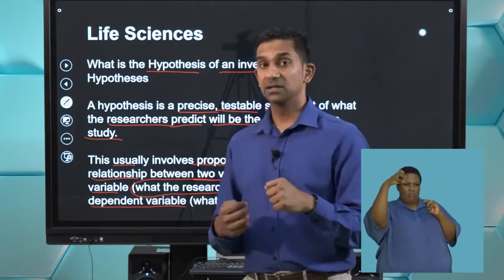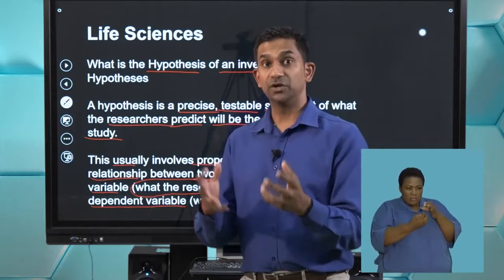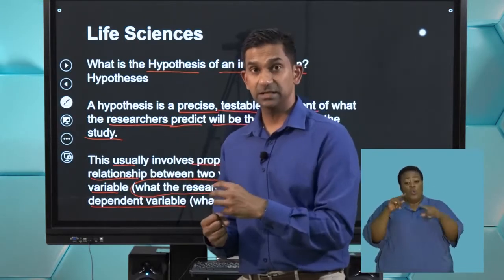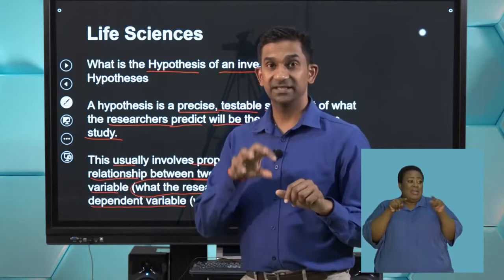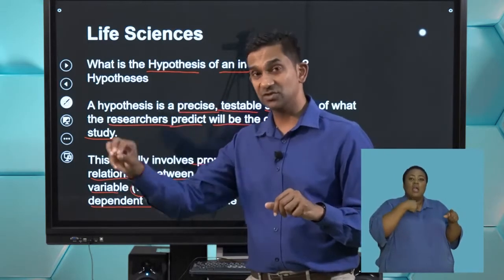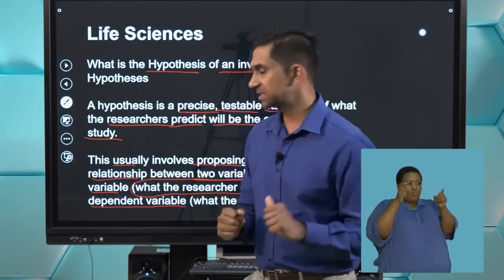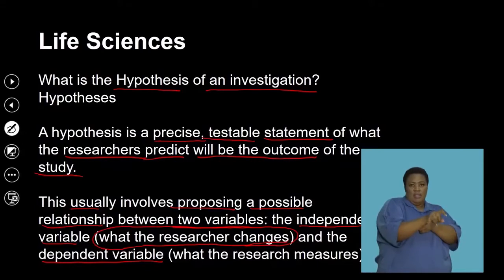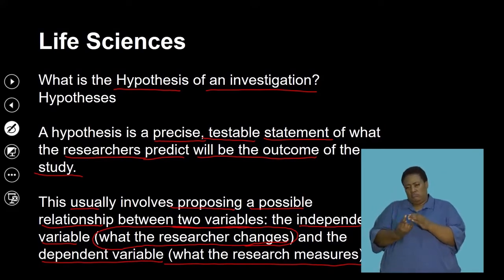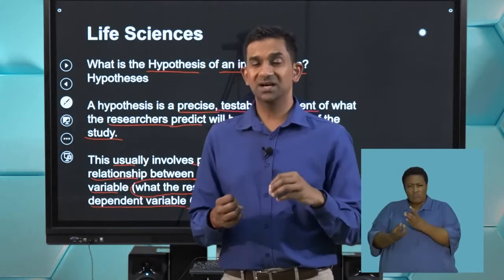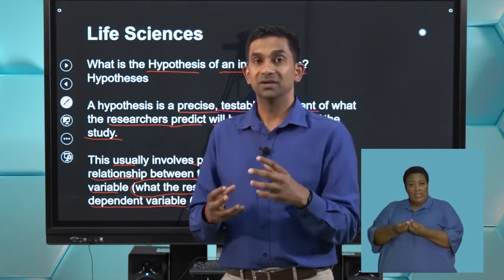In this case, the dependent variable is what we're going to use to measure the results, but the independent variable is the variable that we are manipulating that has an impact or an effect on the other variables. So let's look at what that means. The dependent variable is what the researcher measures. And so if you think of measuring the height of a plant, measuring how quickly it grows, those are measurables that talk to results.